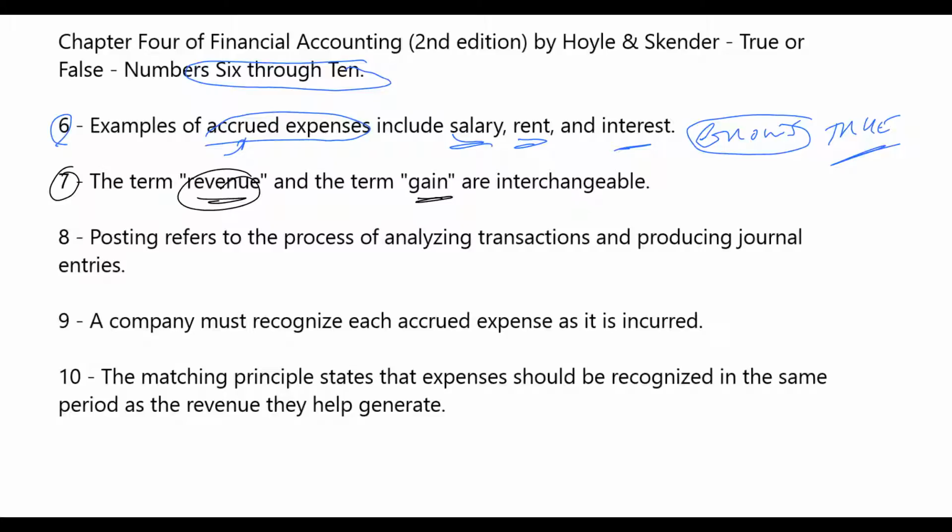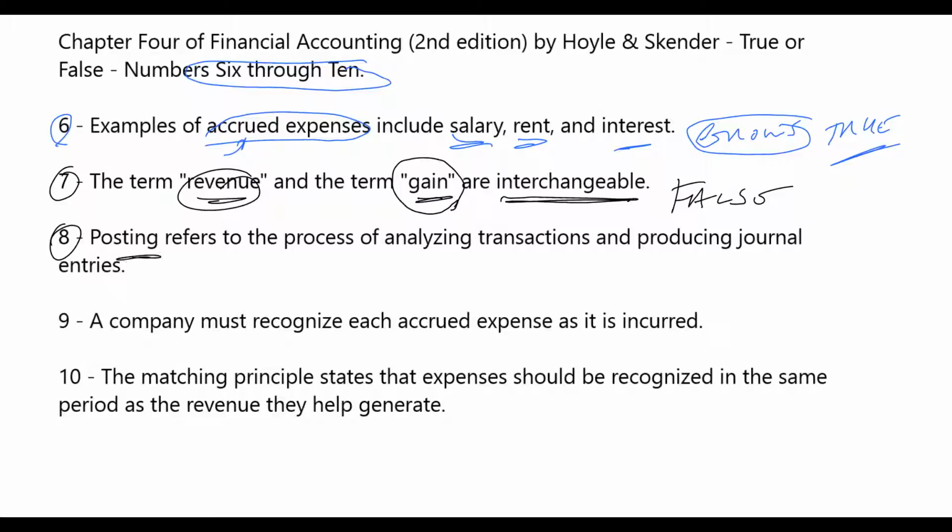If you run a donut shop and you sell the stove or the refrigerator or a table and you get more than book value, that's a gain because that's only tangentially related to the business. Those are not interchangeable terms, they are different. Now, they have a similar characteristic, but you're selling different things. That statement is false.